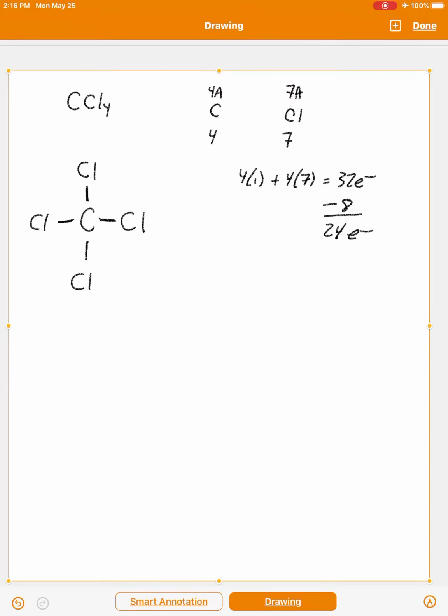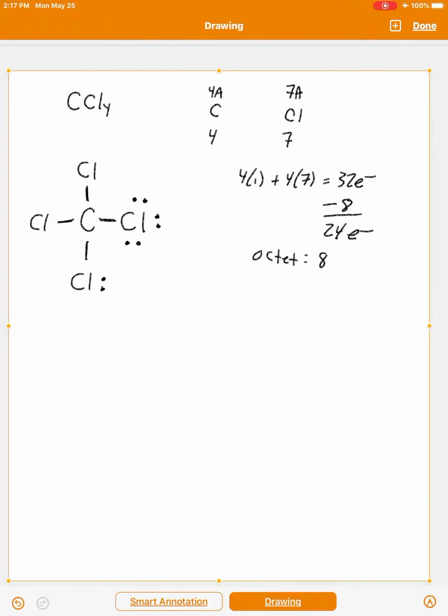The first step is to distribute them evenly, meaning the same number around each surrounding atom. And again, we're looking for the octet, 8 electrons on each atom. So do the surrounding atoms first and distribute them as pairs. I put 6 there. Now that chlorine on the right has 8 electrons, 2 in the form of a bond and 6 in the form of lone pairs. 3 lone pairs, but 6 electrons in those lone pairs.